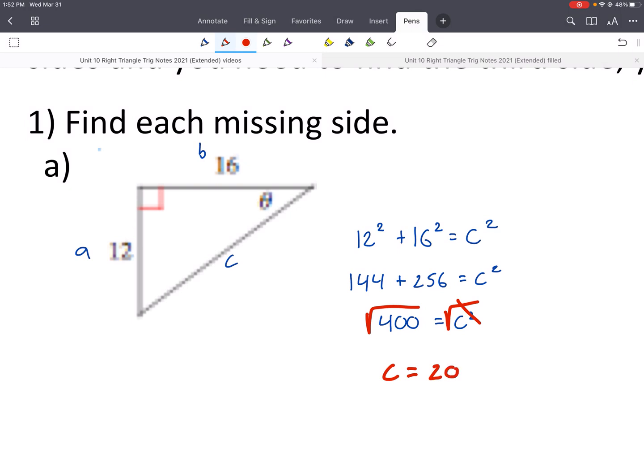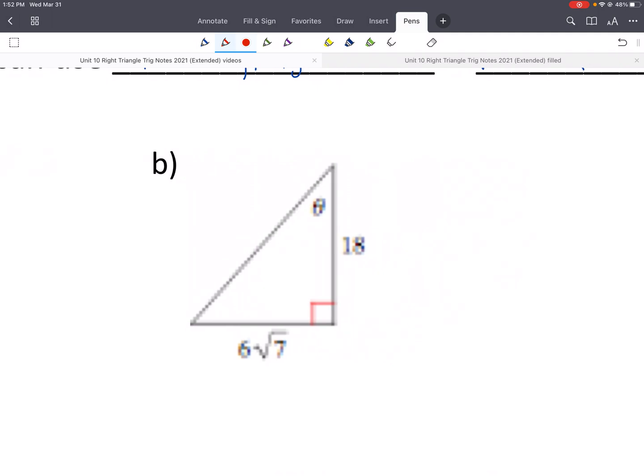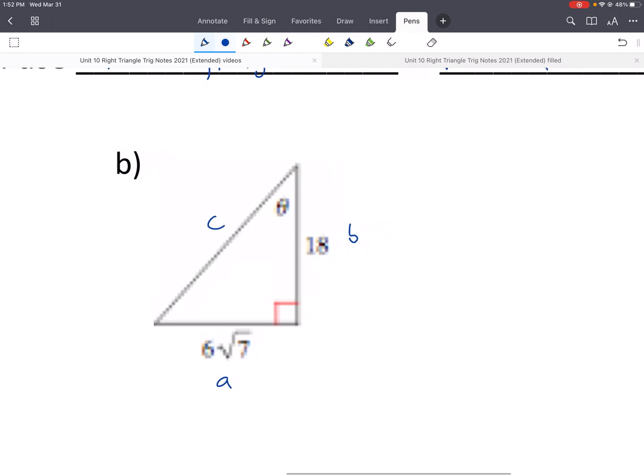Why don't you give this one a try if you haven't yet. Again, this is our A, this is our B and C. If we're doing the Pythagorean theorem, we need to square all of what we say A is. If you're going to use your calculator, make sure you put parentheses and then square it.